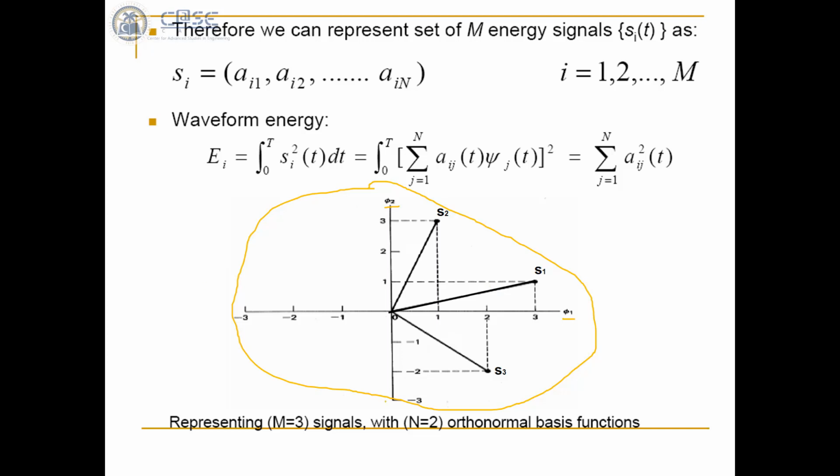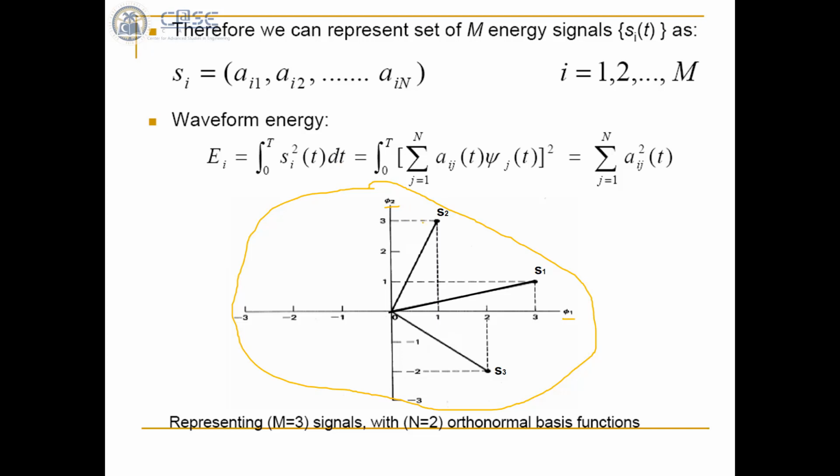This is just an example in which I show you the representation of the signals using the basis functions using constellation diagram, right? So these are the constellation points s1, s2 and s3. The constellation diagram has the basis functions on each axis, and each axis, basically orthogonal axis, represents a particular basis function.